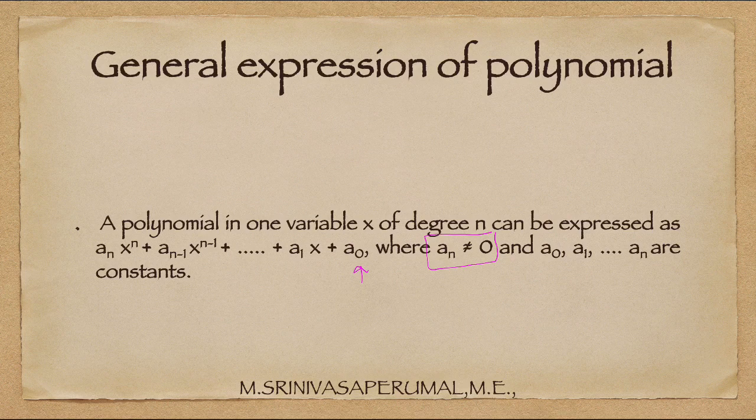If cubic, x cube is the maximum power and its coefficient is not equal to 0. The same for any polynomial, maybe power 4 or power 5: the maximum power coefficient is not equal to 0. So that is, a n is not equal to 0, and the remaining terms are constants of the polynomial.